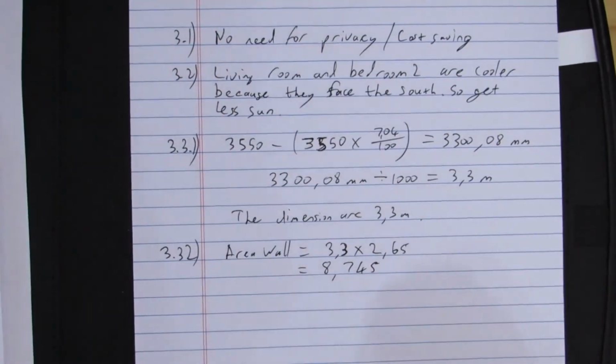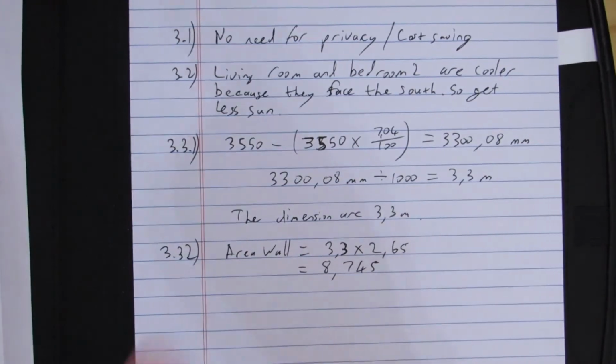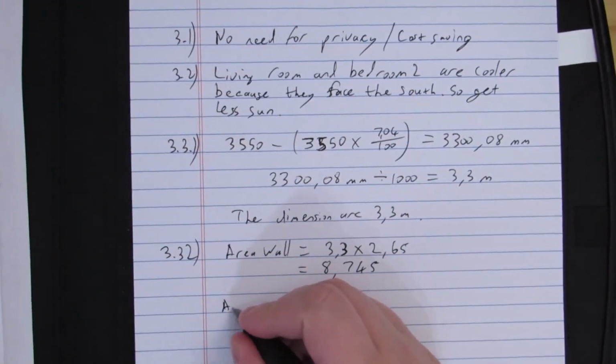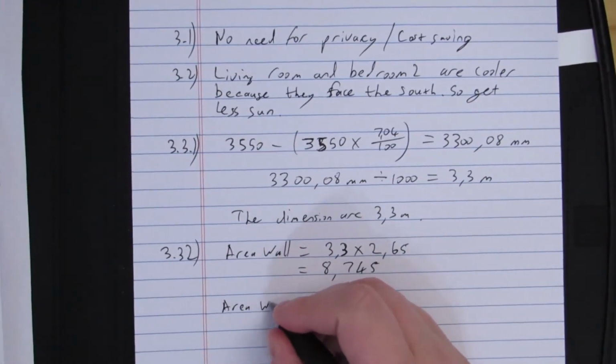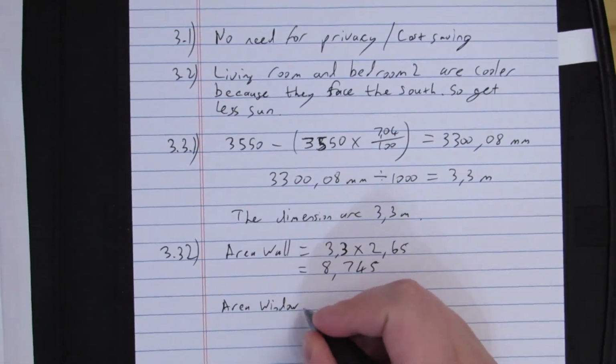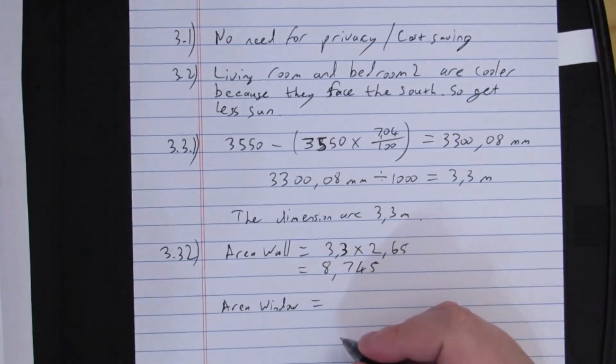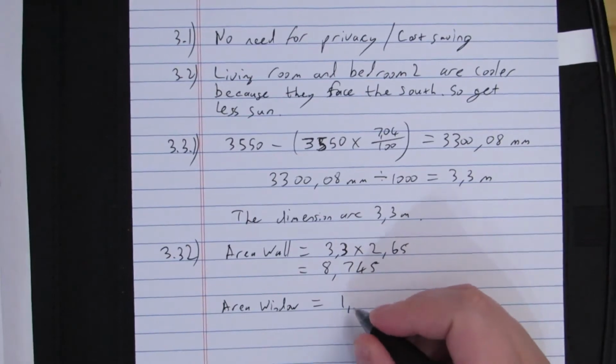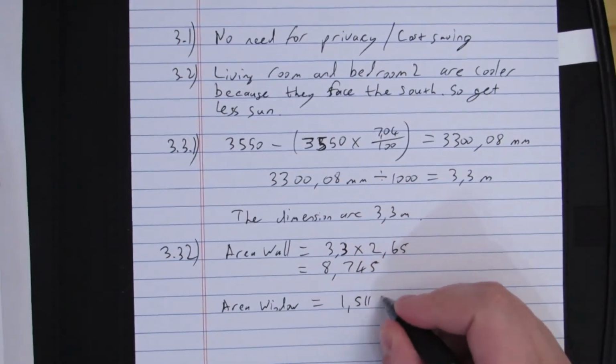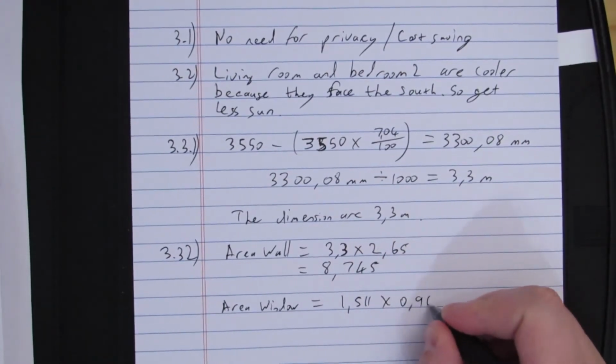Don't round off. Fantastic. We also have to take out the area of a window. Okay. And my dimensions of my windows are 1,511 times 0,949.